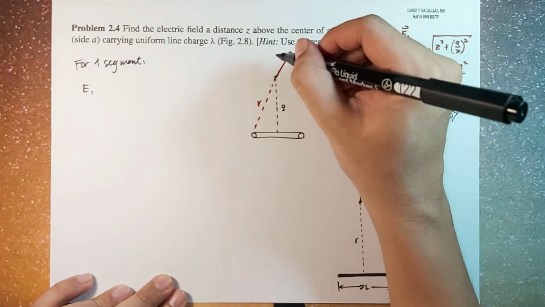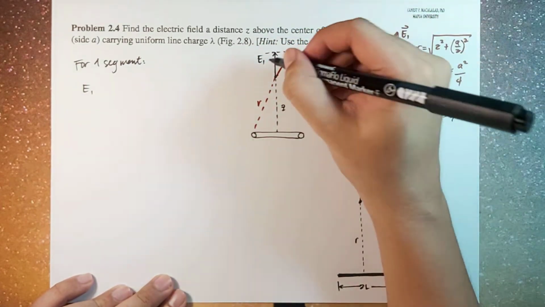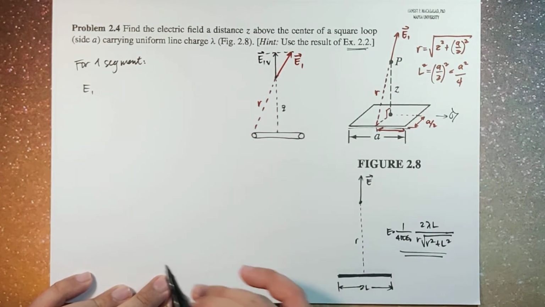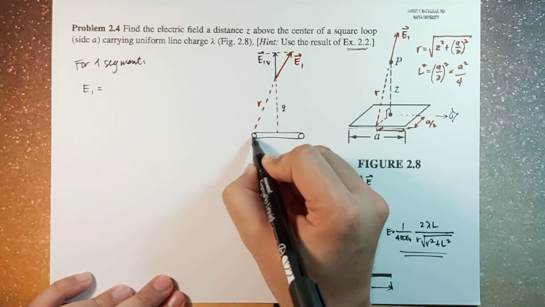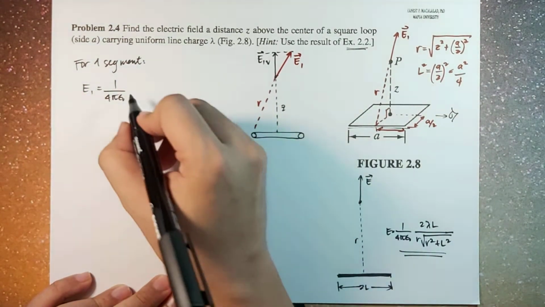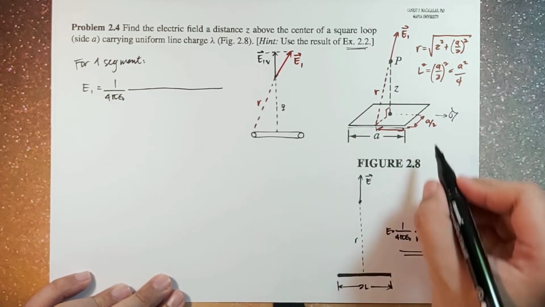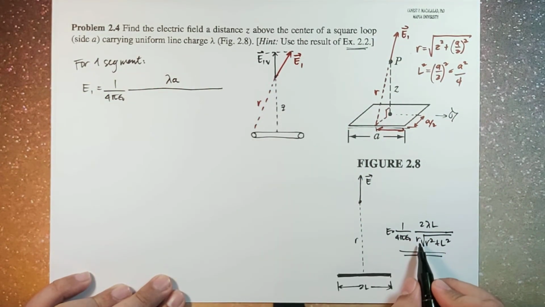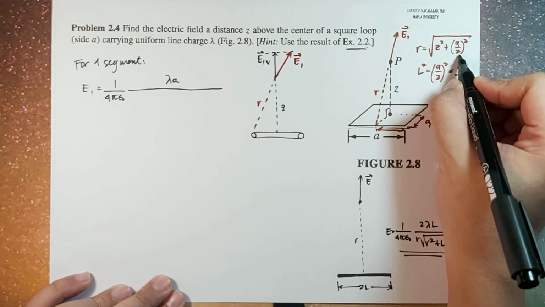So this will be the vertical component of this electric field. The electric field for this segment is equal to 1 over 4 pi epsilon naught times 2 lambda L. L is A over 2, so this becomes lambda A. And then R will be the square root of Z squared plus A squared over 4.